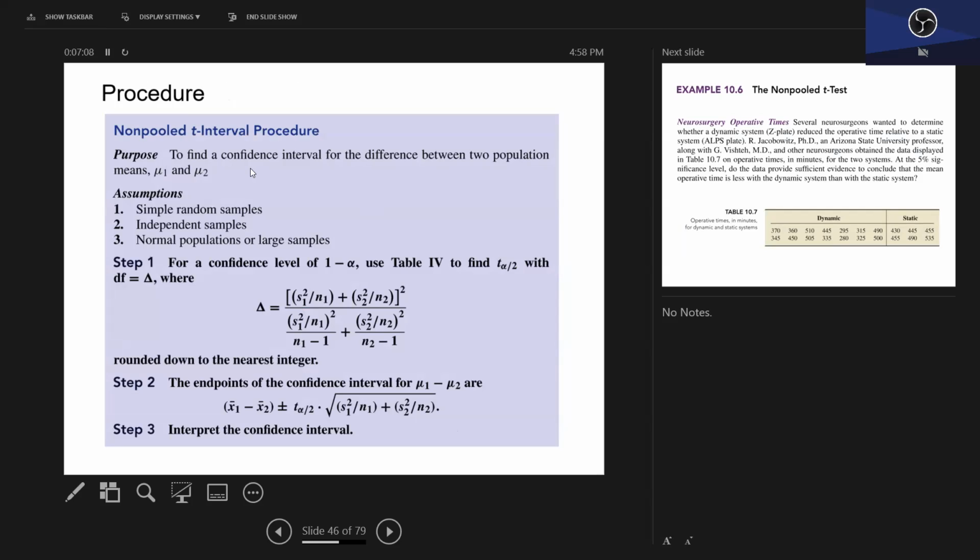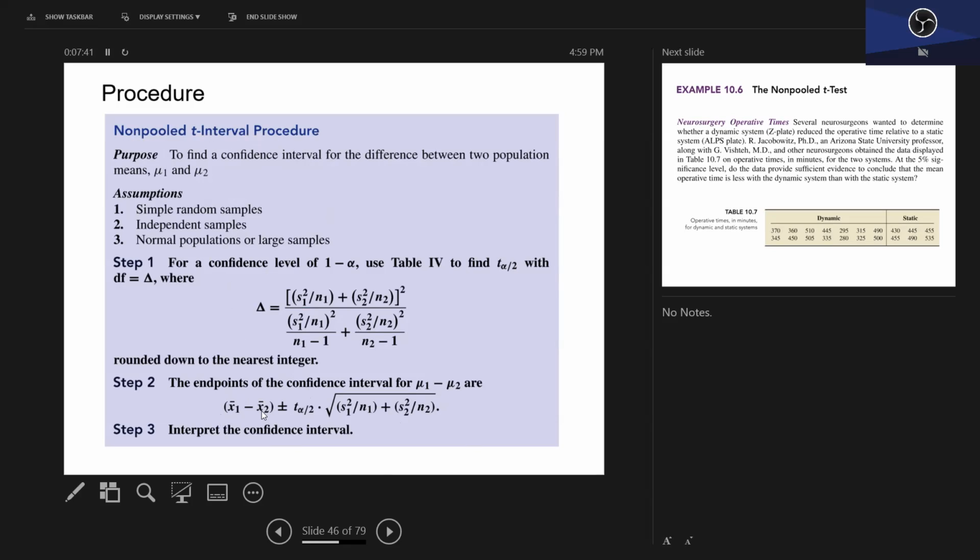So this confidence interval related to the non-pooled t-test comes from our two-tailed hypothesis testing, right? I remember I introduced similar stuff when I talked about the pooled t-test. In step 2, the first part of this formula is the guess of your mean.